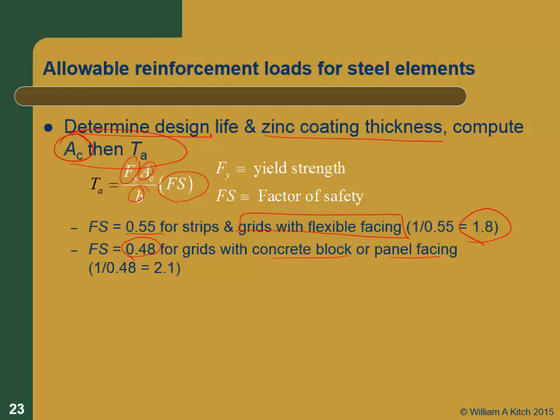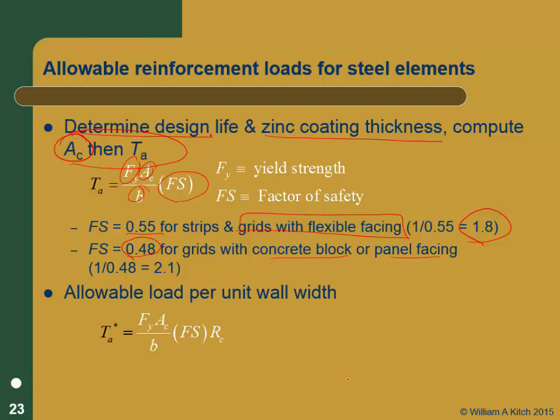Initially, there were a lot of failures at the wall-facing elements, and it was found to be due to either corrosion issues there or differential displacements at the walls. So to account for the problems at the wall connections for steel reinforcement attached to rigid panels, you use a more conservative factor of safety.